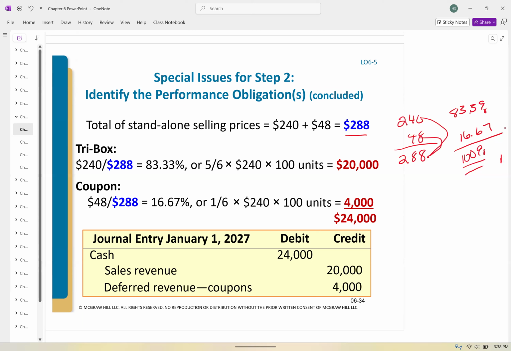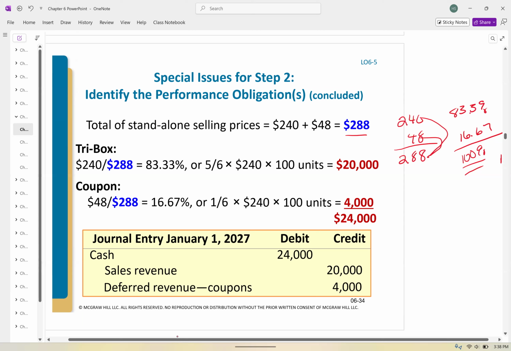Okay, we're getting cash of the 28,800 total. We're going to go ahead and record sales revenue. We're going to have an account, deferred revenue on coupons. As we fulfill that obligation and sell those headsets, we will gradually take out of this liability. Okay, so deferred revenue coupons, that is a liability.